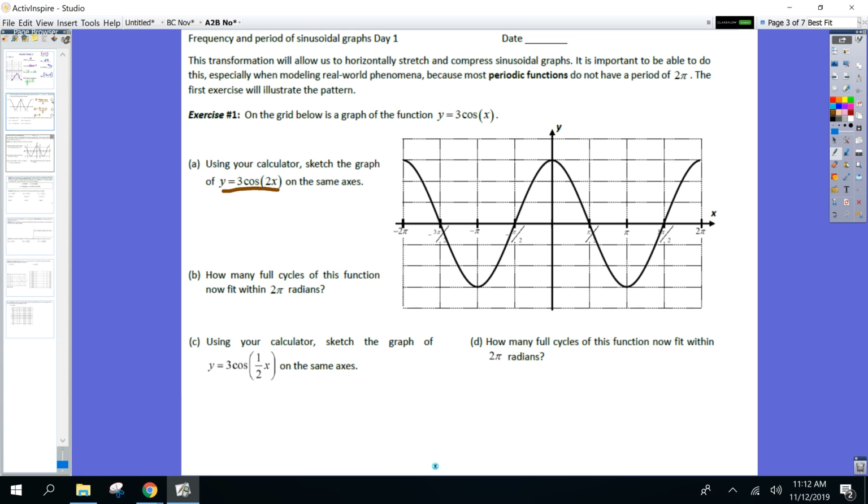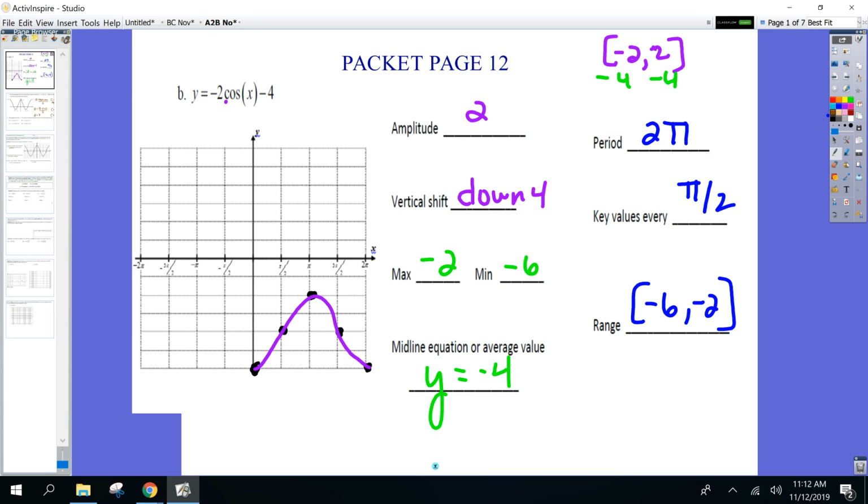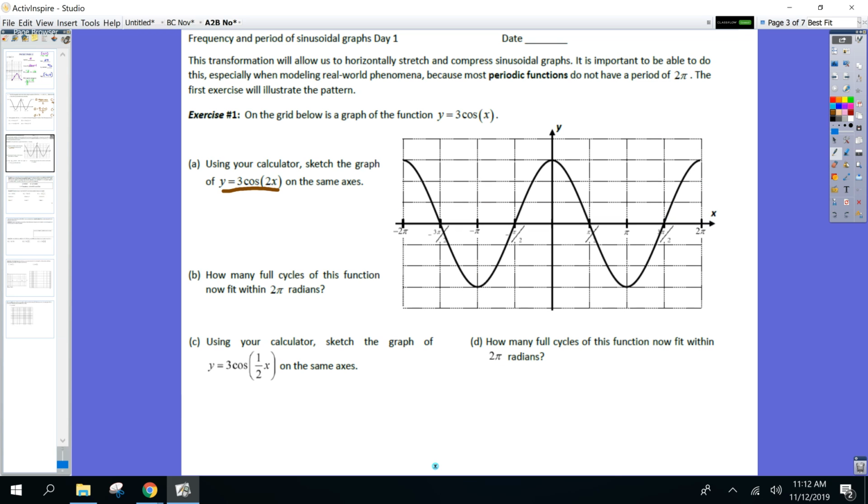Art? I never put anything with the x on the previous ones, correct? Nothing was ever with the x. Everyone agree? So now how does a number with the x affect it?